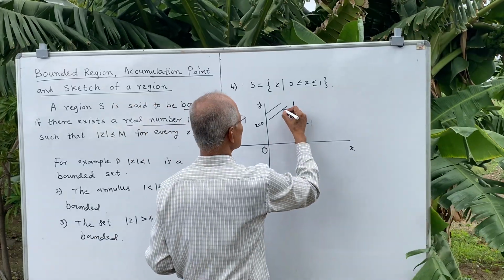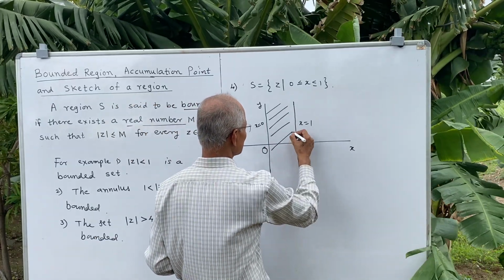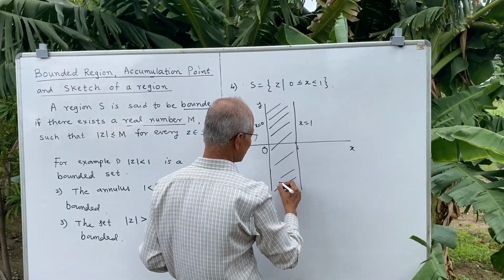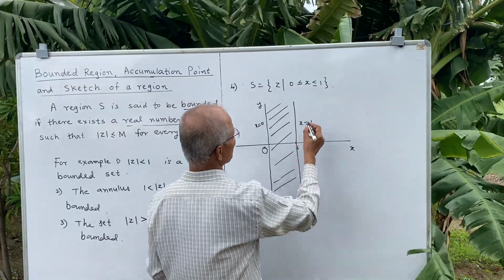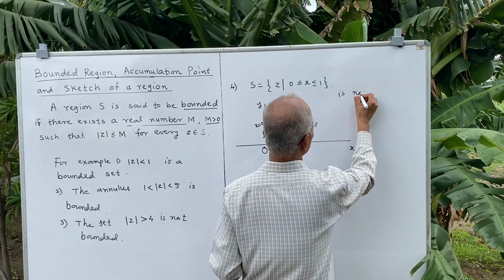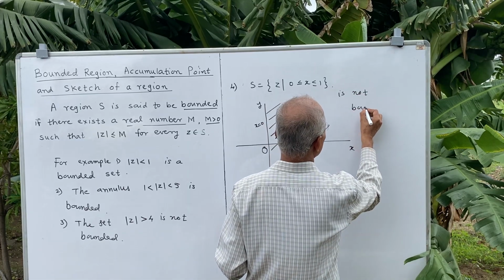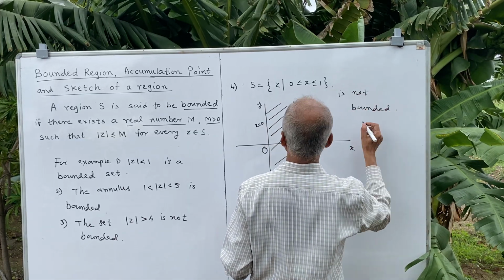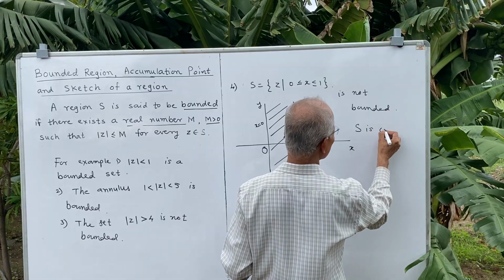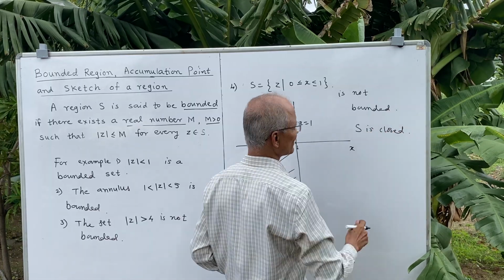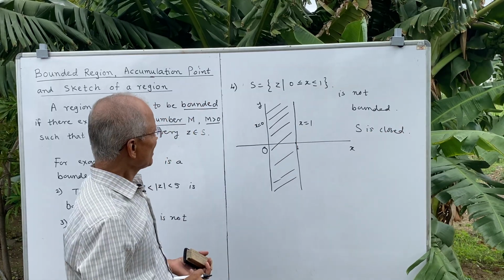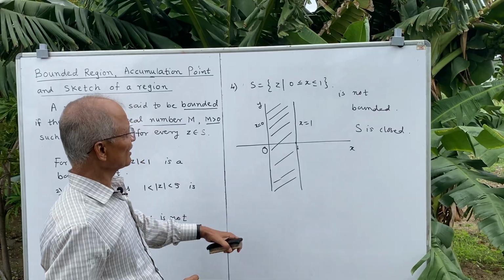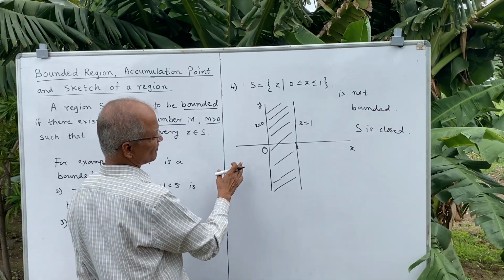Therefore, this is a region which is closed but not bounded. S is closed. Earlier we have seen the meaning of a closed set and an open set. So, this is an example of a set which is not bounded.